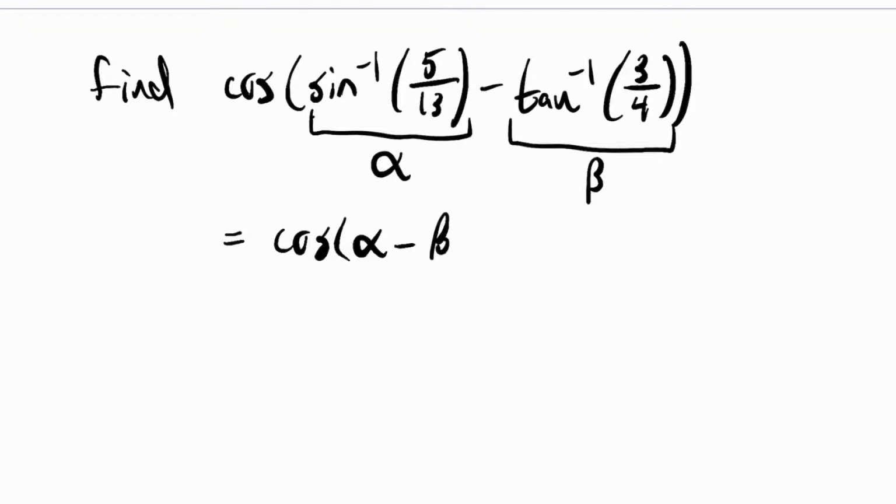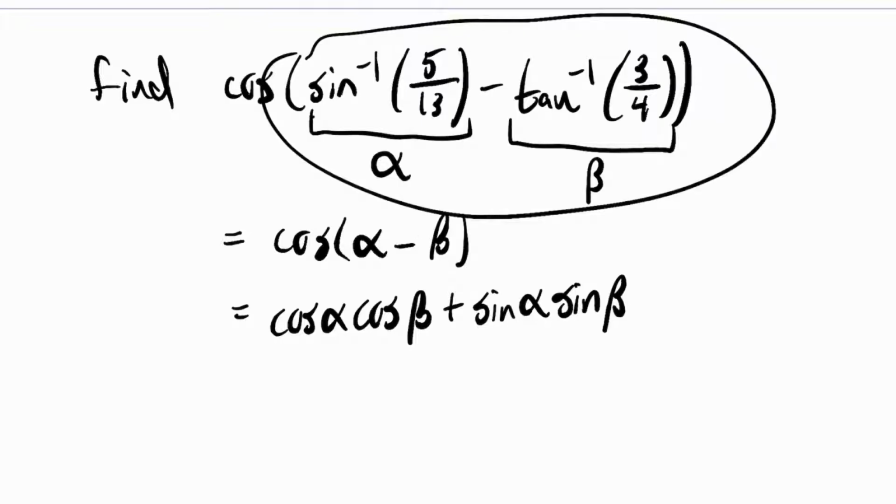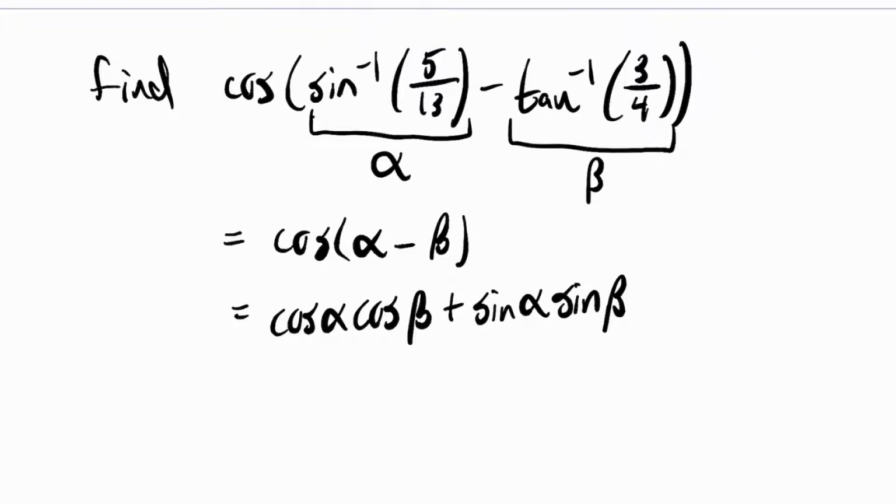This is going to be cosine alpha, cosine beta, plus sine alpha, sine beta. So I need to figure out what cosine alpha, cosine beta are, and then sine alpha, sine beta from the numbers given here. So I know that sine of alpha is equal to 5/13.